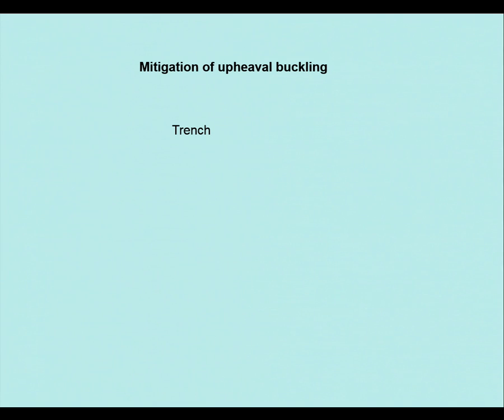If it goes in a trench and you don't backfill it, then it's going to try and ride up the side of the trench. Trenching and backfill, so in other words, you put the soil back that you dug out of the trench on the top of it, but that might not be heavy enough.